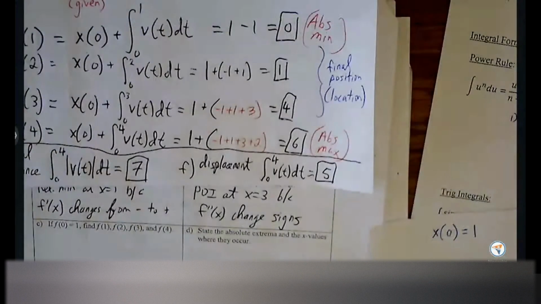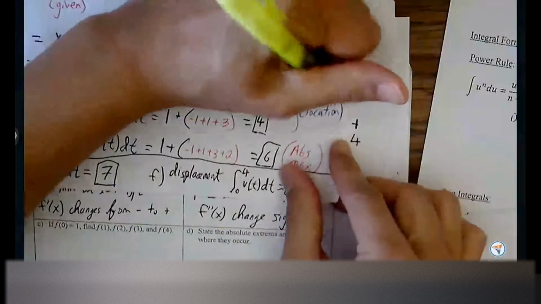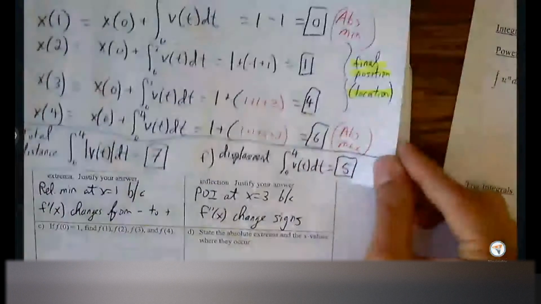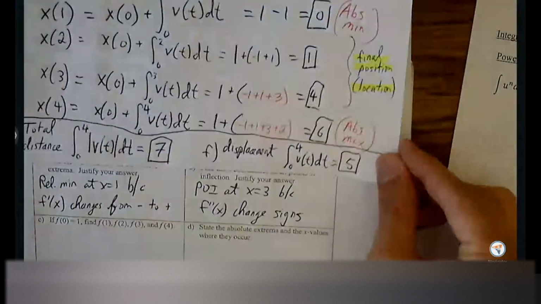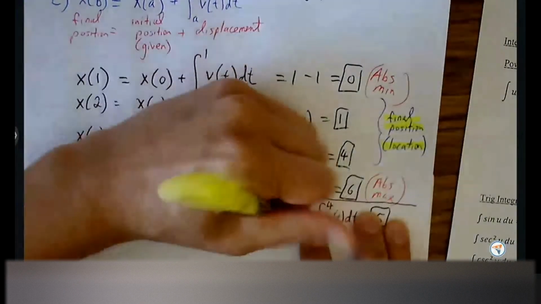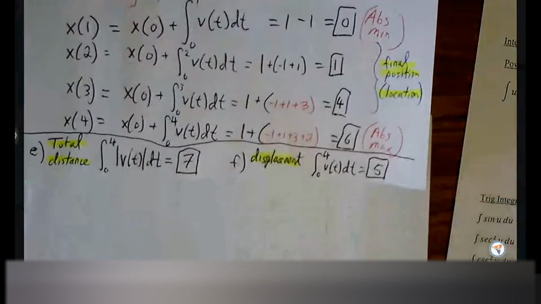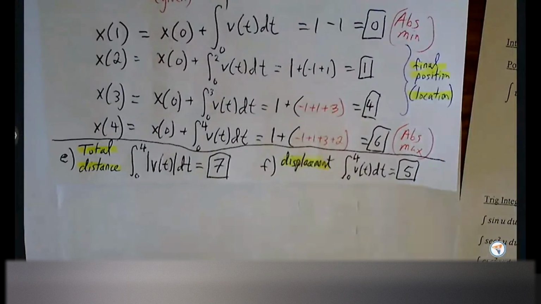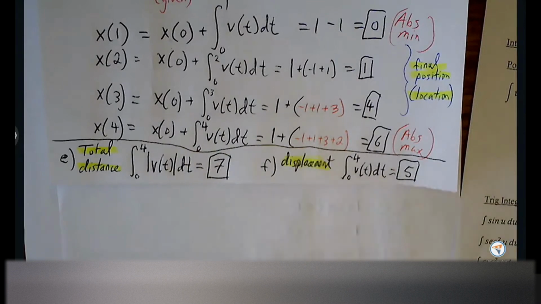So I want to just go ahead and make sure that we're clear on these distinctions. I want you guys to see that distinction between final position, which is really location of this object, versus total distance and displacement. So look at how we find each of these and how they are different, but then also related. Displacement is just what is the net gain of this object.